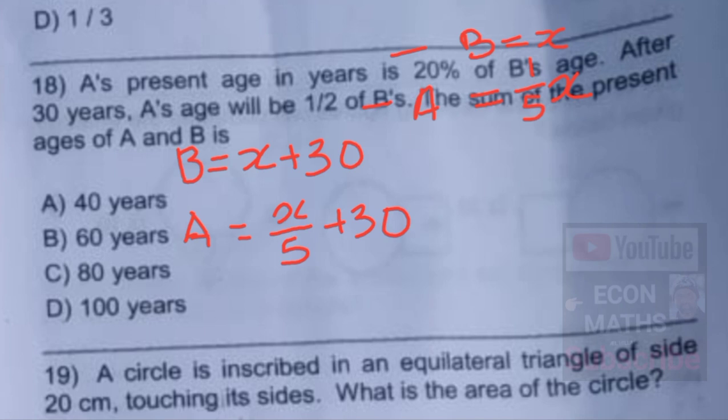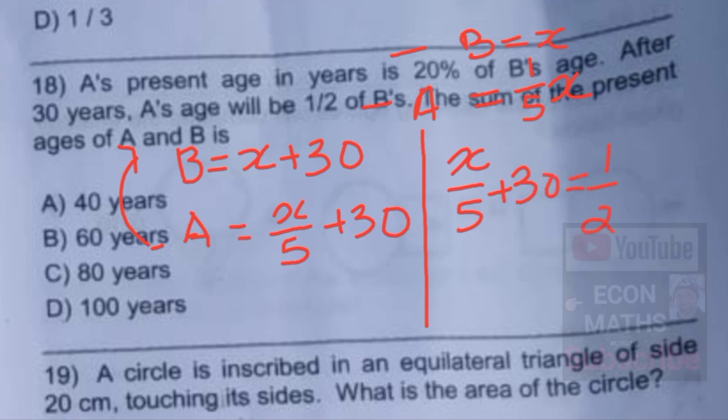Now the relationship between their ages after 30 years is that age of A is one half the age of B, that is x divided by 5 plus 30 is equal to one half of the age of B, that is x plus 30. So I will write here x plus 30.